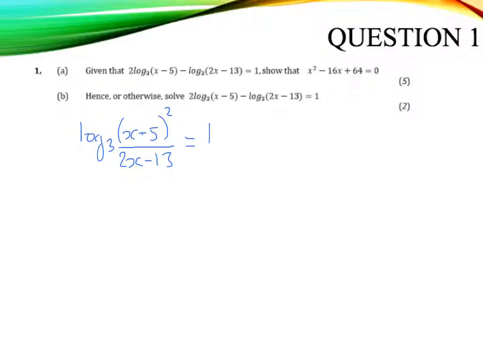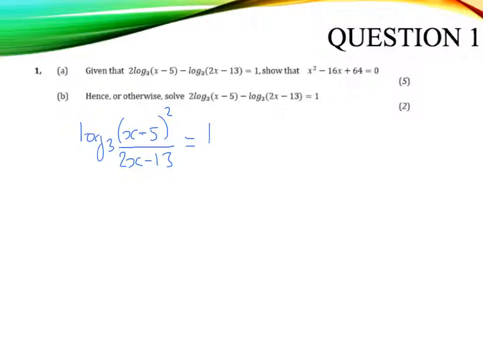We can now see that we've got just a single log, whereas before we had 2. What we can now start thinking about is what this can be in order to eliminate our logs here. Now, I could write this in a slightly different way if you wanted to. I'll do it over on the side. What can I do to have log base 3 of something equals 1?